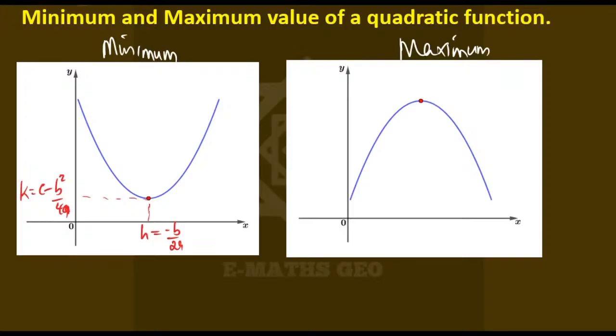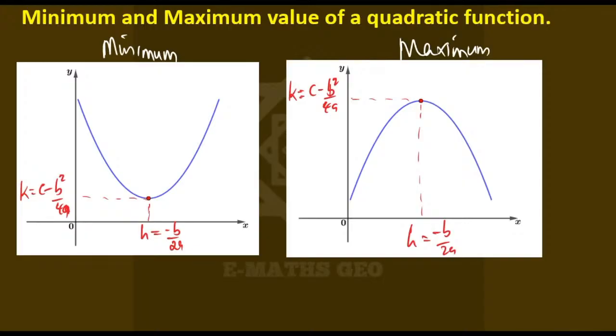The y coordinate is the value. Both the maximum and minimum occur at the vertex. So this is h equal to minus b over 2a, and this is k equal to c minus b squared over 4a. Whether maximum or minimum, it occurs at the vertex.